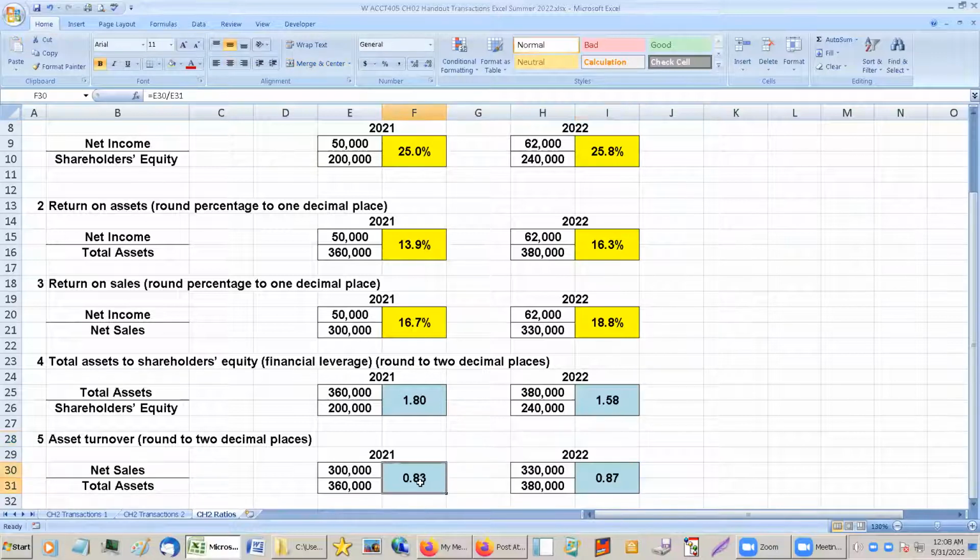And this one is sort of like how much in sales do you get for every dollar of assets? So you get 83 cents versus 87 cents. Obviously, you want more sales. So more sales, the better.